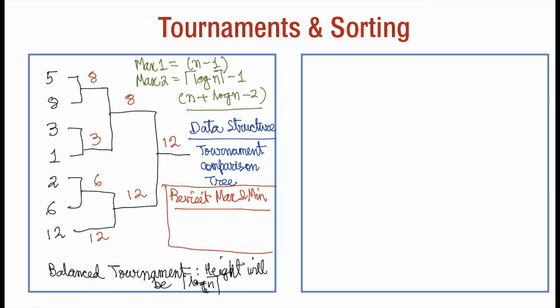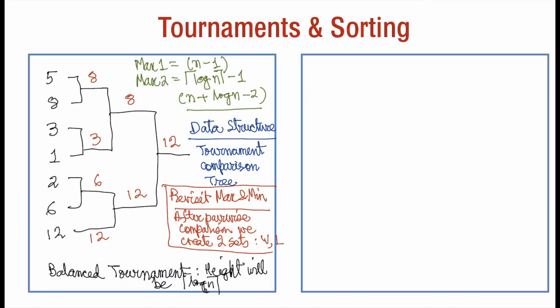We will determine that if there are even elements for the time being, then after we do pairwise comparison, we create two sets, win and loss.